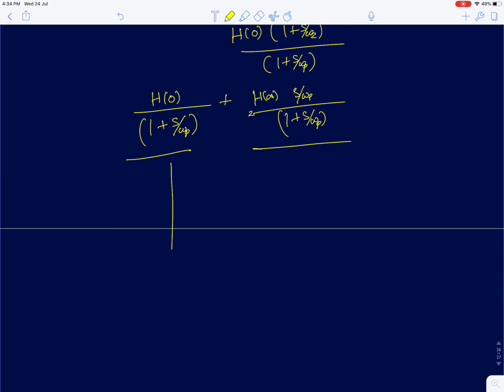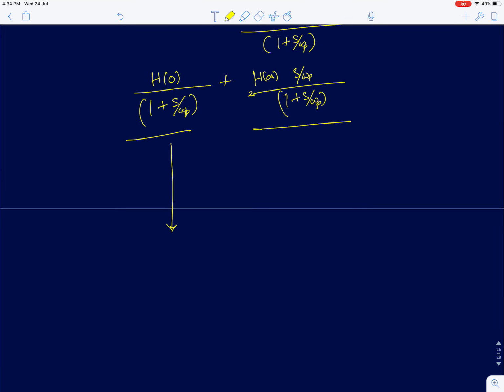Now we know the ramp response to a low pass system. So I'll directly write it, assuming the input as m into t into u of t. The output would simply be h of 0 into m into t into u of t minus tau into 1 minus e power minus omega pt into u of t.